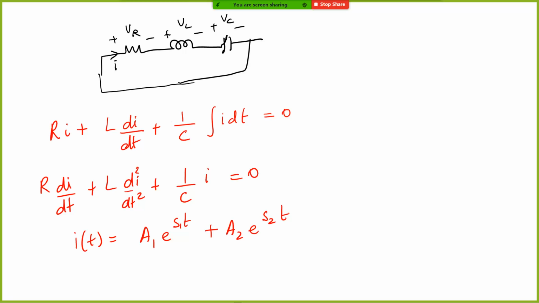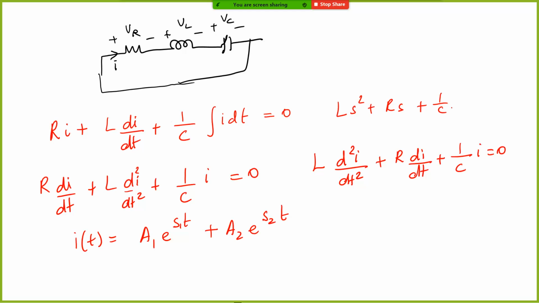If you reorder the terms, you can write it as L d squared I by dt squared plus R times di by dt plus 1 by C times I equal to 0. Okay, so in other words, Ls squared plus Rs plus 1 over C equals 0.